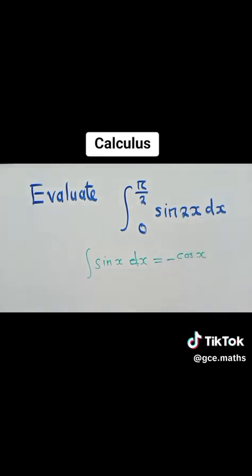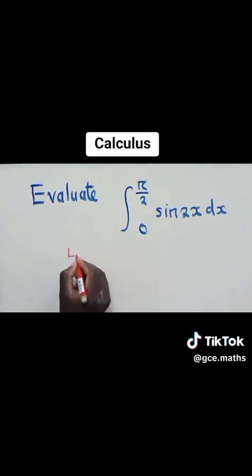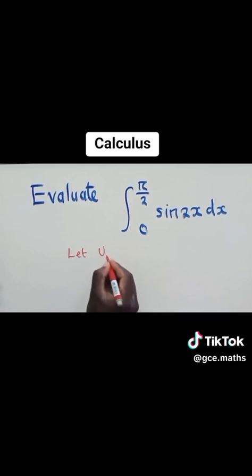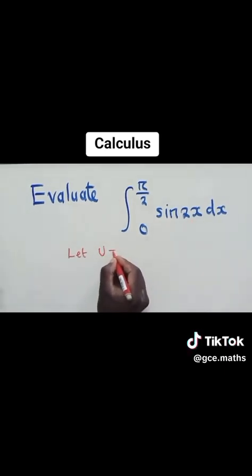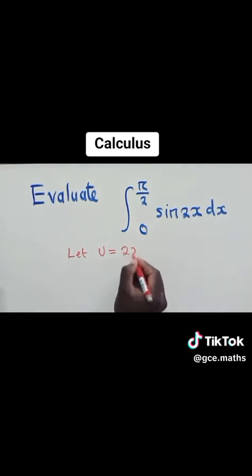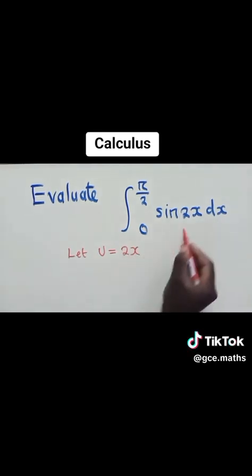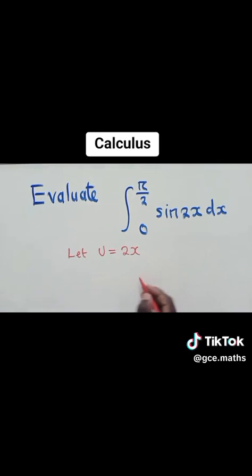It may be u, t, whichever letter you want, apart from x. So this is what we're going to do. We're going to say, let u, the letter which we want to be substituted here, be equal to 2x. So u is equal to this.